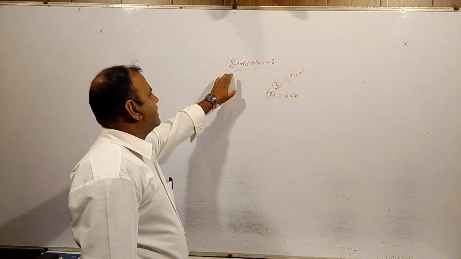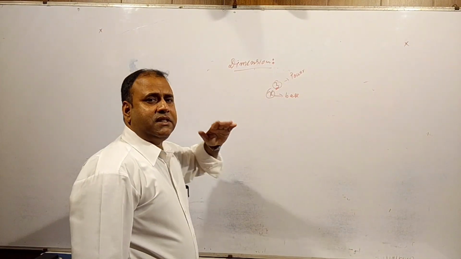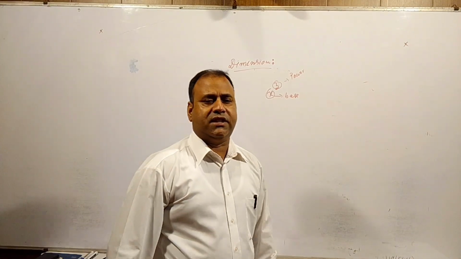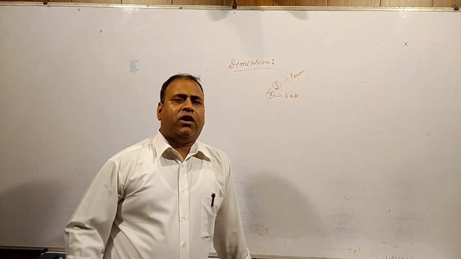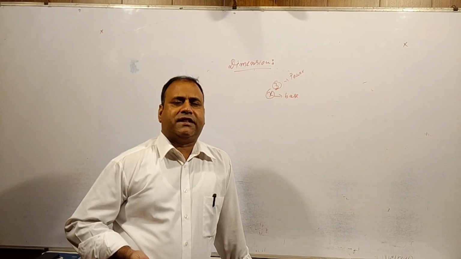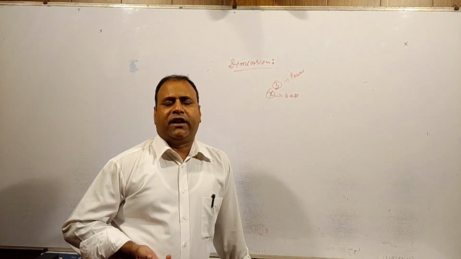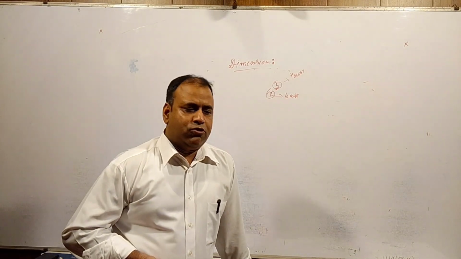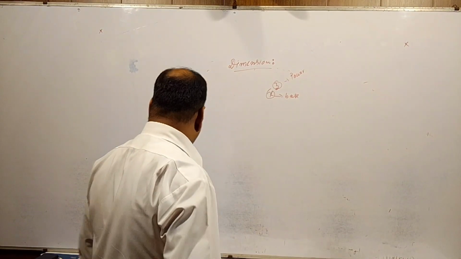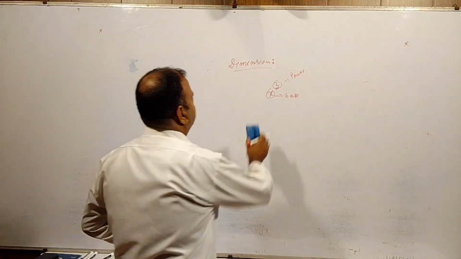So dimension means it is the power of fundamental quantities. You remember there are 7 types of fundamental quantities in physics. You should know them.